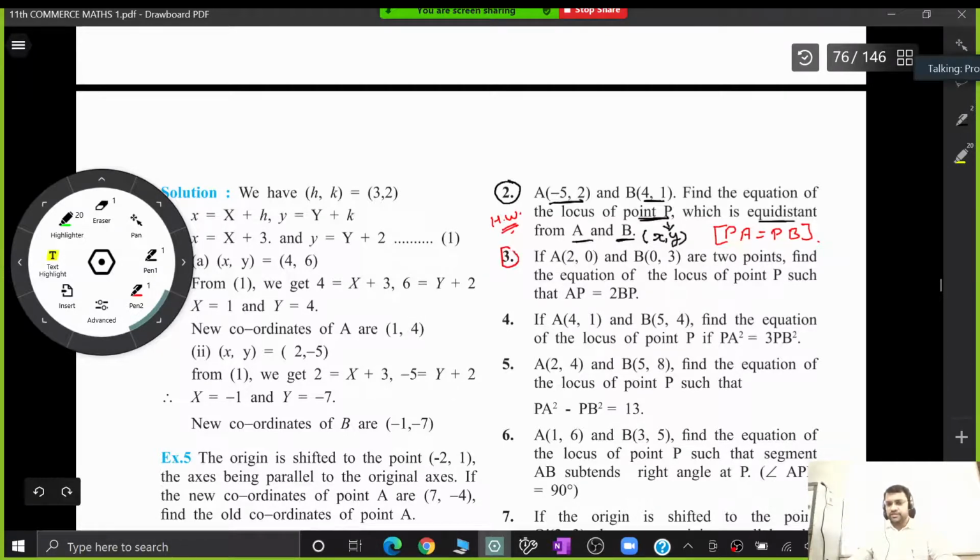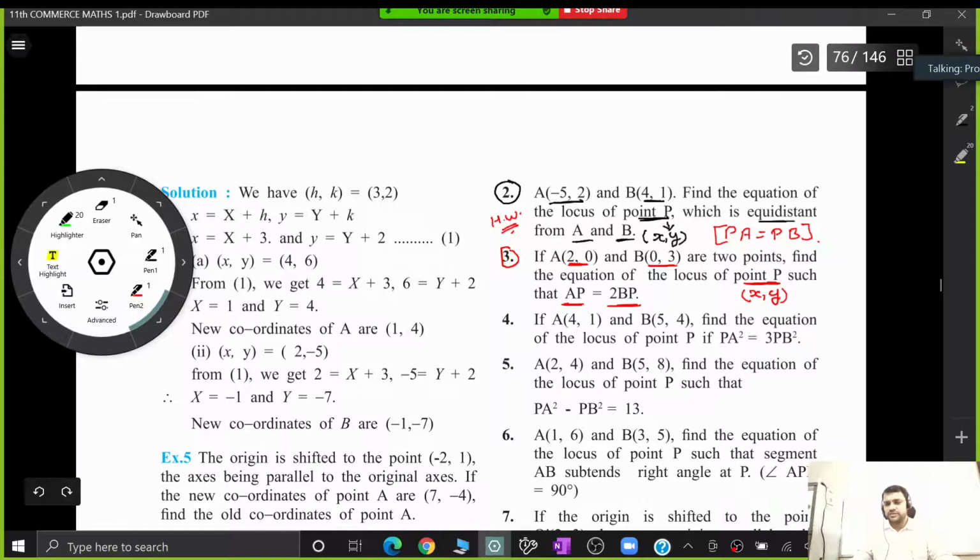In the question number 3, it is A is 2, 0, B is 0, 3. Are the 2 points. You have to find the equation of the locus of the point P. Once again, no coordinates are given. You will be assuming this as x and y, such that AP is twice of BP. Does not matter if it is 2 over there.